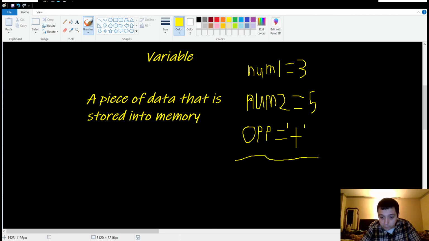What would then happen is that num1 would be stored into memory. I'm going to explain this way in more detail, but essentially it says, okay, I know what num1 is.